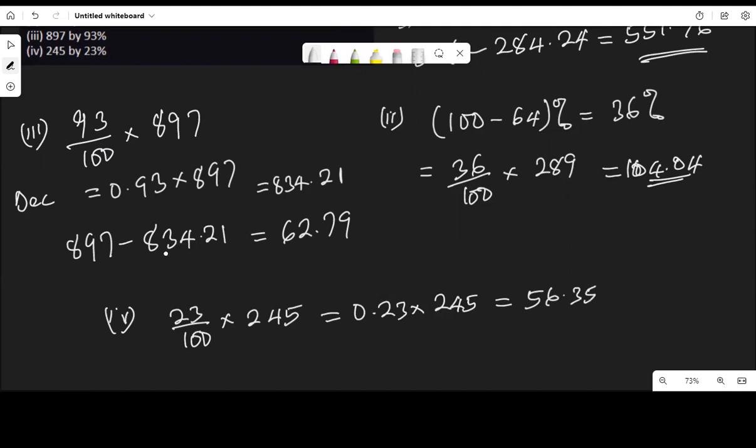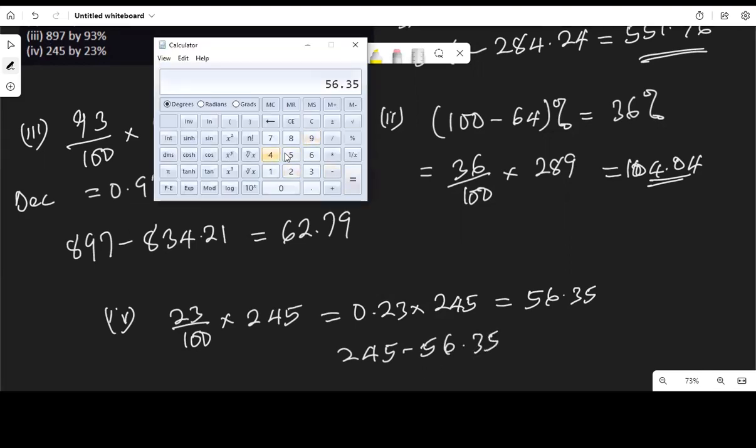I will subtract 56.35 from 245 so that the new value becomes 245 minus 56.35, which is 188.65.